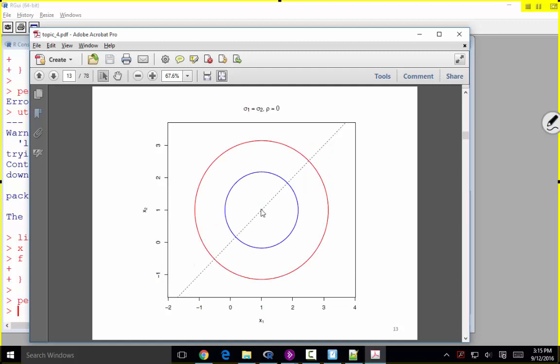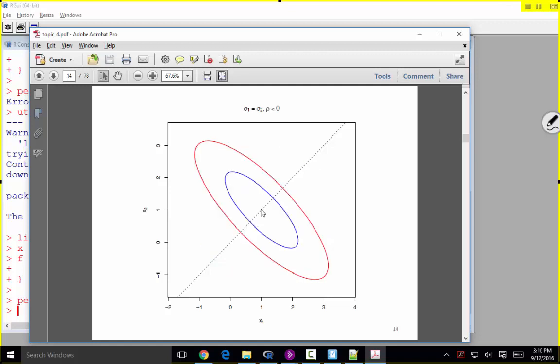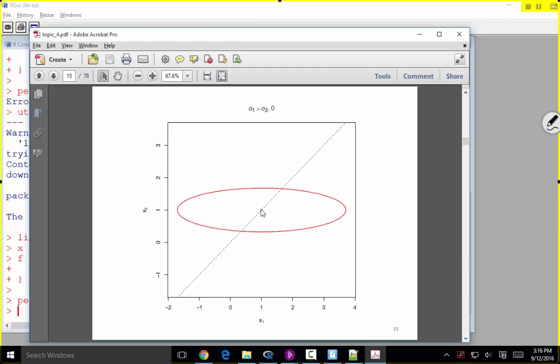If they were uncorrelated and equal variance, you would have a spherical pattern. There's no bias or preference in either direction. So the two-dimensional or three-dimensional surface is just a completely symmetric, conical-looking thing. Negative correlation, it angles to the opposite direction. Zero correlation, there's no angle to it.